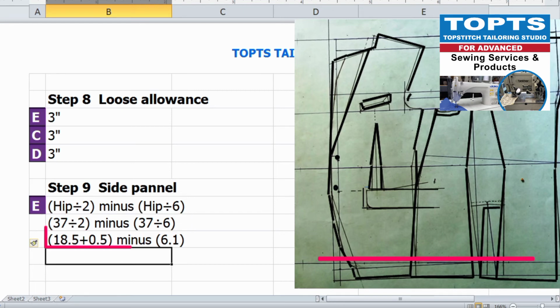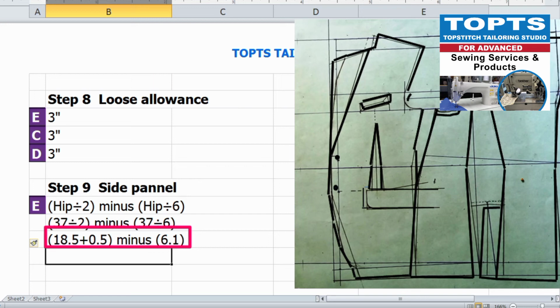That is 18.5 inches minus 6.1 inches. Remember to always add seam allowance in every calculation of your cloth. You know, you fashion designers, you know what the importance of a seam allowance is. So that will give us 18.5 plus 0.5 inches minus 6.1 inches. That will be the calculation of your side panel.